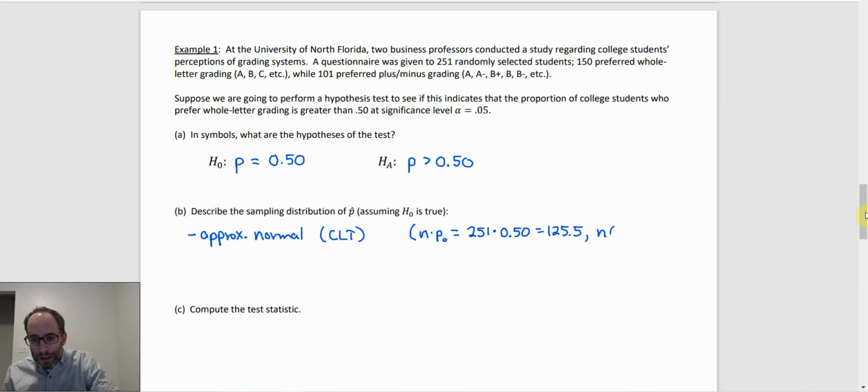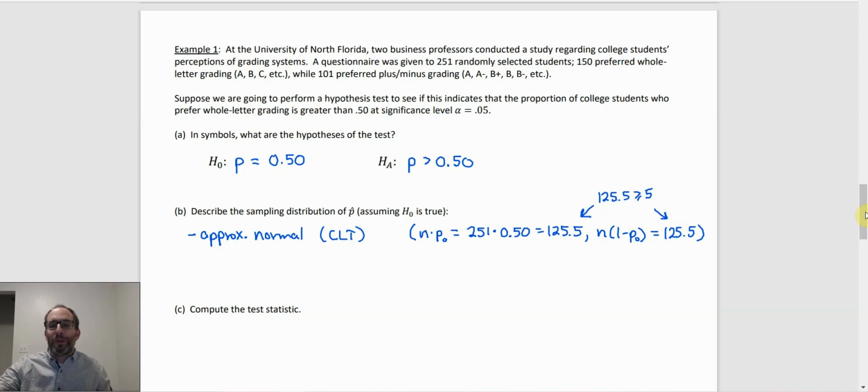So n times 1 minus p0, if you go through and do it, you also get 125.5. And 125.5 is definitely bigger than 5, right? We need to be at least 5, and we got way over that bar. All right, other than that, we know it's going to be approximately normal, but the things that define a normal distribution are the mean and the standard deviation.